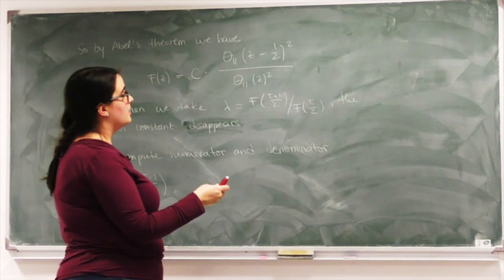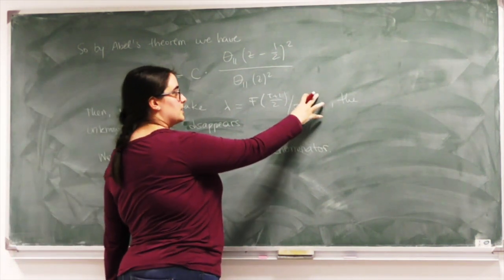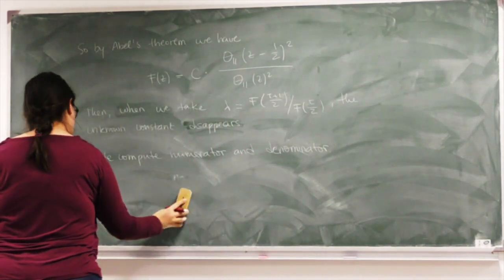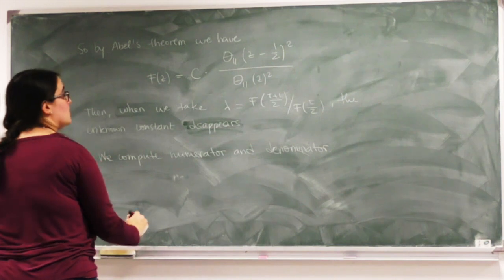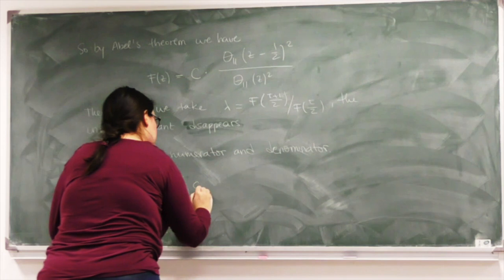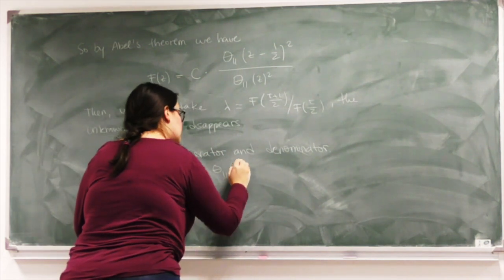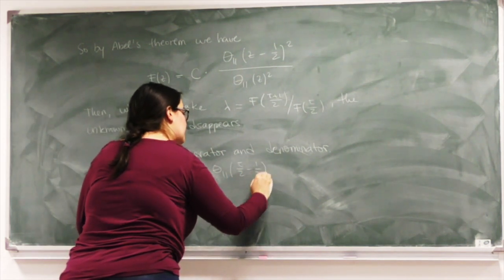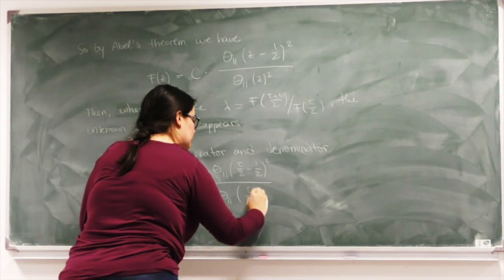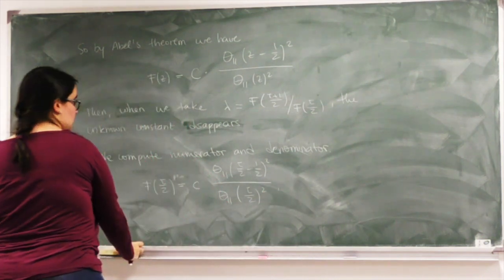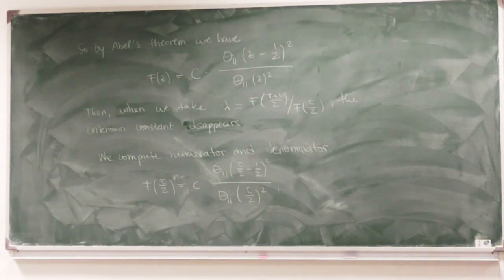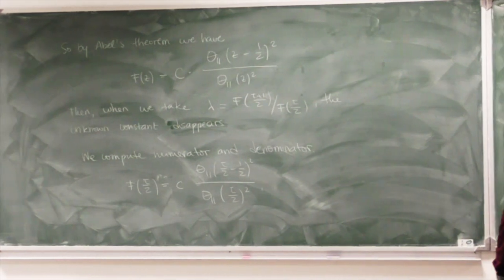So that will be what we have in the numerator of this expression. Let me write the middle step first. So f of tau divided by 2 is no other than c theta 1, 1 tau half minus 1 half squared divided by theta 1, 1 of tau half squared. So now we get a bit of tinkering with numbers.